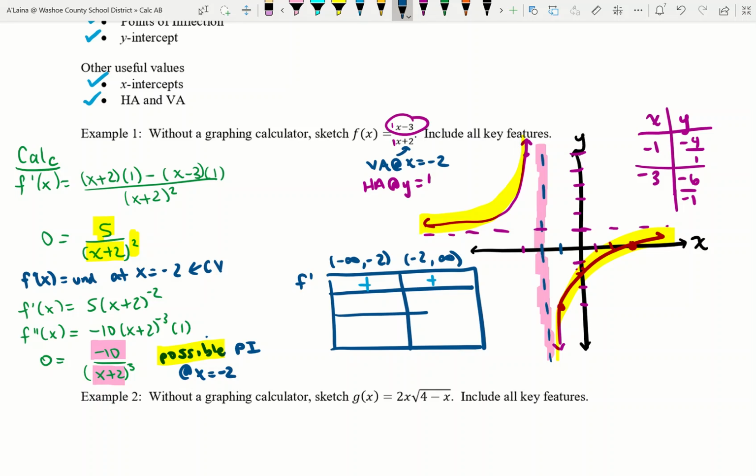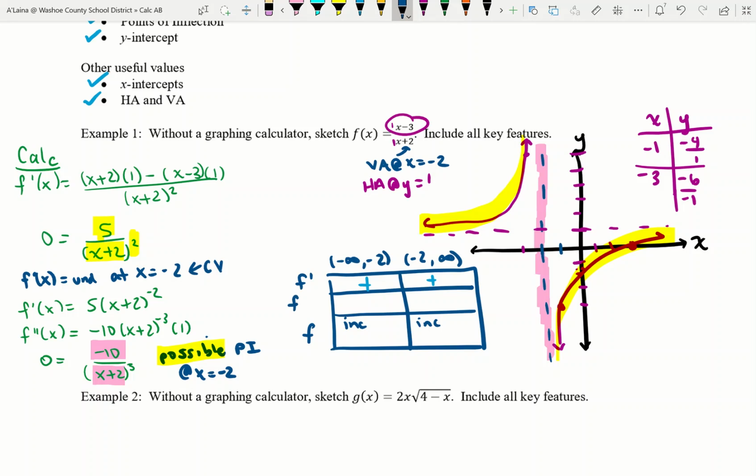And so what that tells me is my original function, f, will always be increasing as I go from left to right. In fact, if you look at our picture, you can see, oh yeah, that's absolutely true. This graph is always increasing, except for at my vertical asymptote, at my point of discontinuity when x is equal to -2.